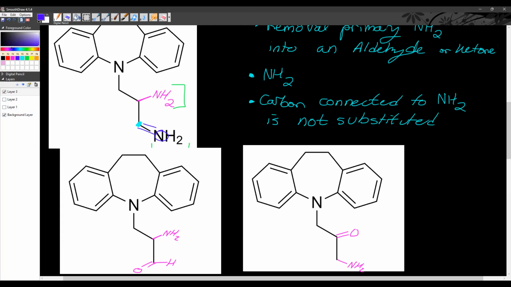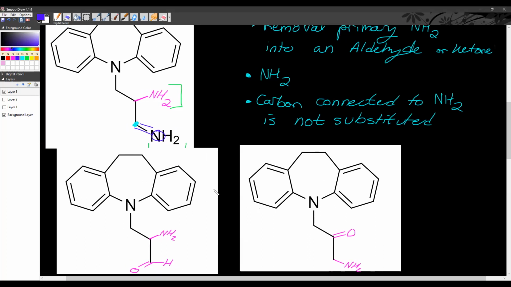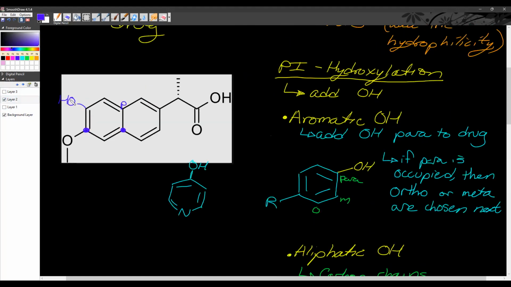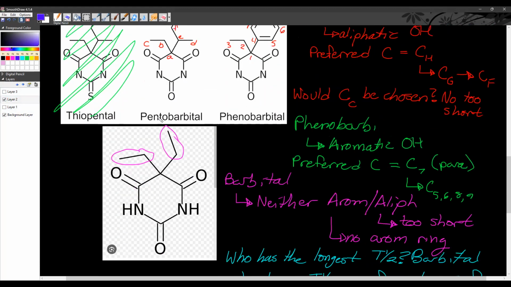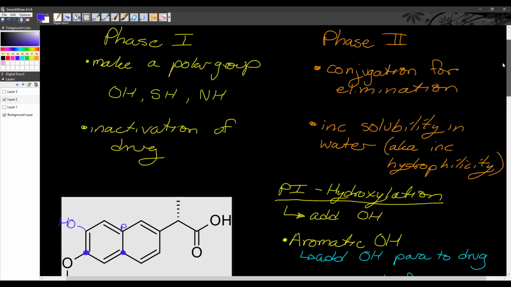Big brain, right? So we said earlier that the purpose of phase 1 metabolism is to create a very polar group, right? Phase 1 metabolism produces an OH on a specific portion of the drug, so that it's easier to go through phase 2 metabolism and remove from the body, right?